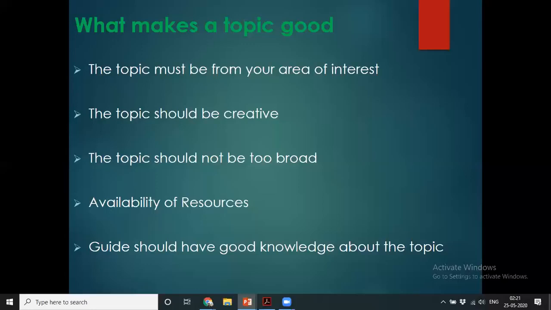So before selection of a topic, you have to keep in your mind and be sure that the resources required, the machine you require, the experimental setup you require, must be available in your university where you are doing the PhD.